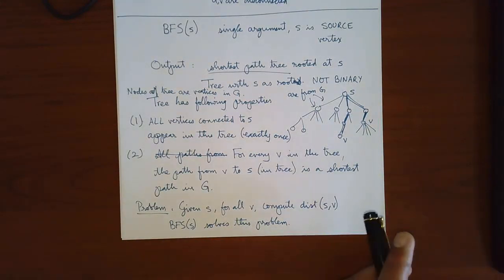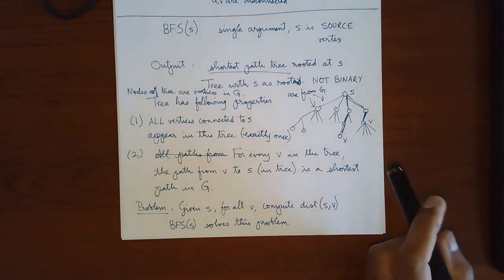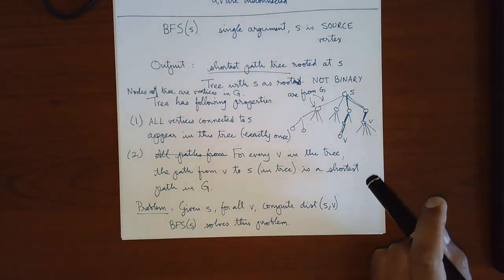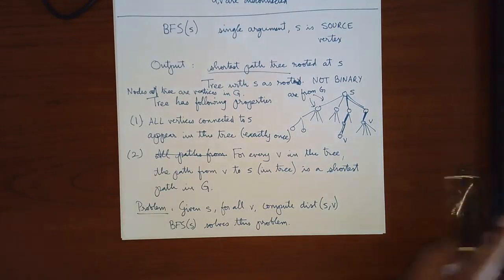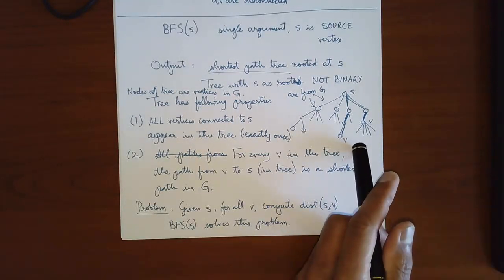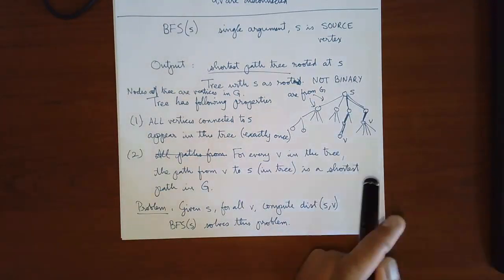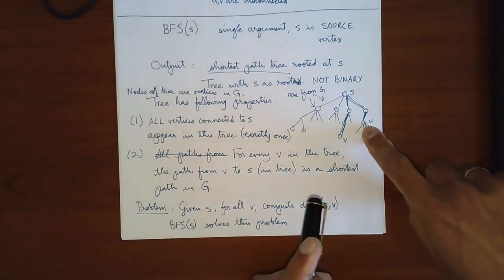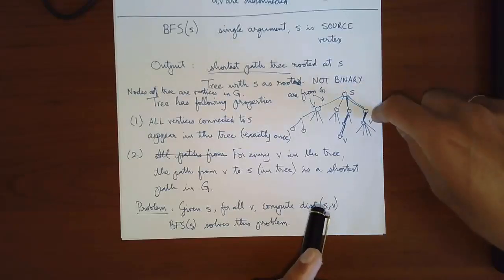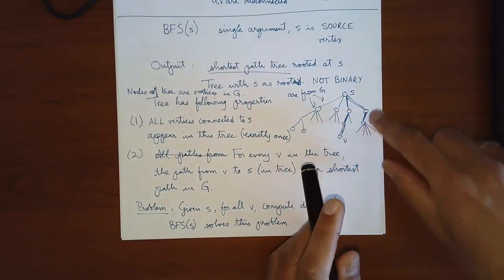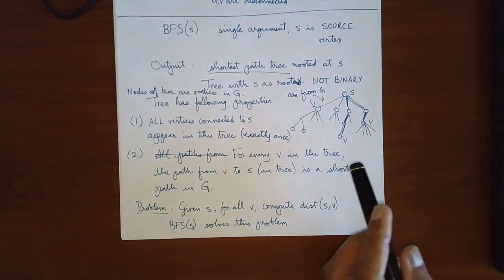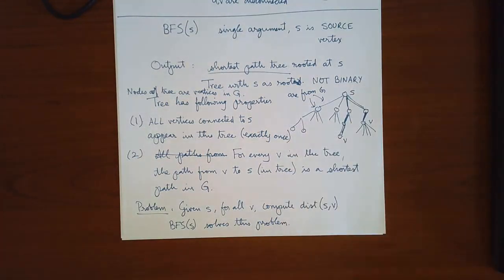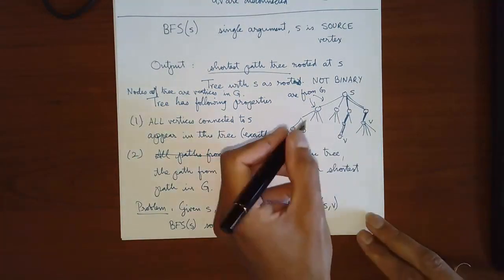This is really important. Do not confuse this with a binary search tree or any other kind of tree that you've seen in the course so far. This is not binary. The nodes are labeled with vertices of the graph. Each path over here is a shortest path, the path from V to S, not paths in between other vertices.